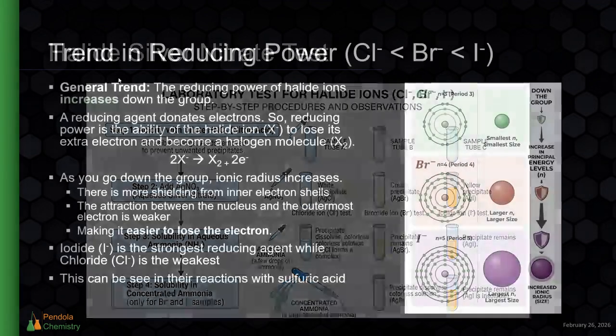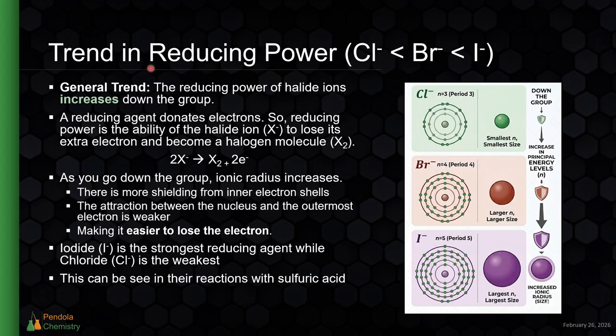Well, the reactions are mostly due to their reducing power. Halide ions are going to be reducing agents, which means that they in general will want to lose electrons and become the diatomic halogen that they originally were.